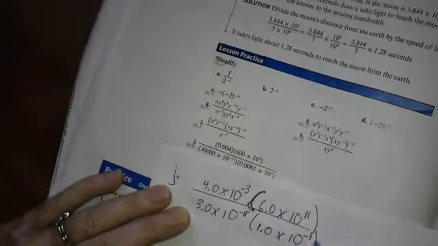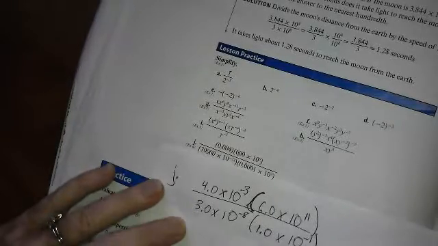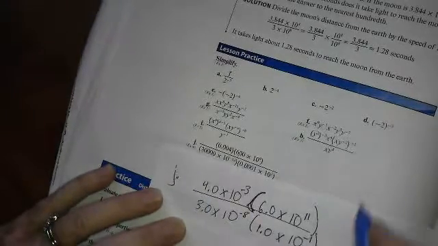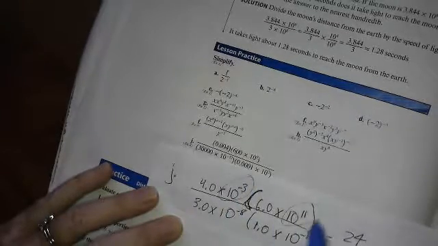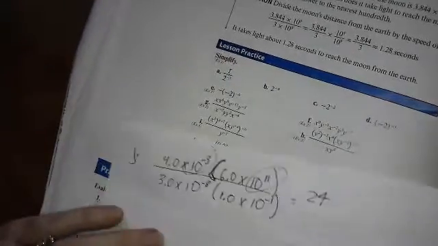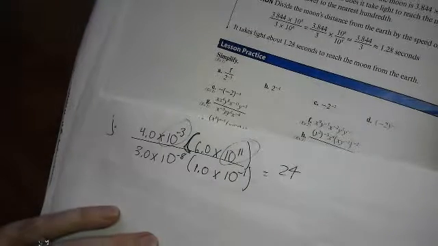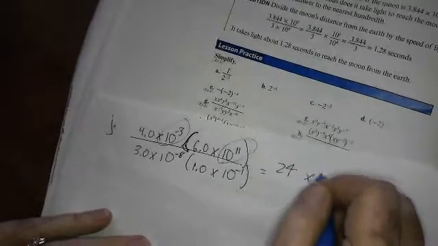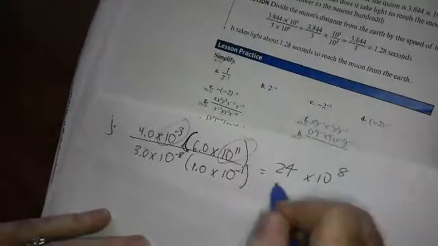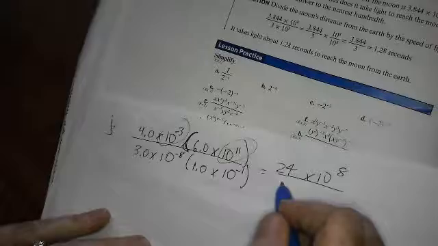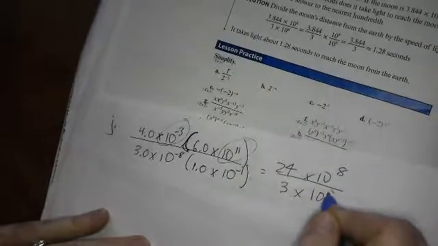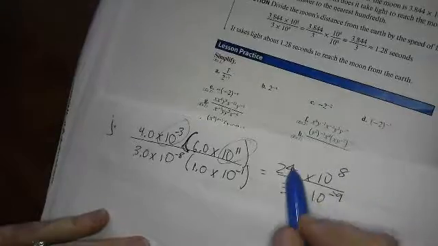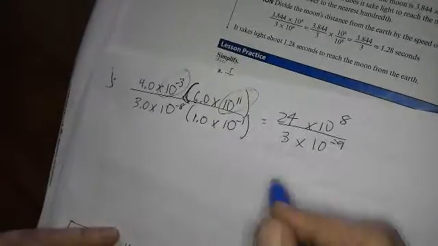Okay, well now I can just do all this multiplication, like 6 times 4, that's 24. And then this and this, I just add the exponents up. 3 and -3 and 11 makes, alright, and then 3 times 1, that's 3, and add these up. -9. 24 divided by 3, that's 8.